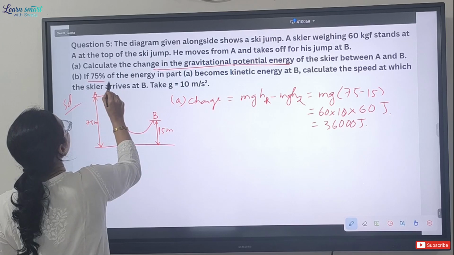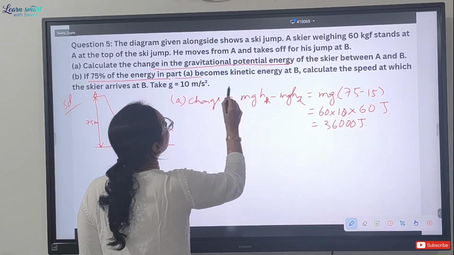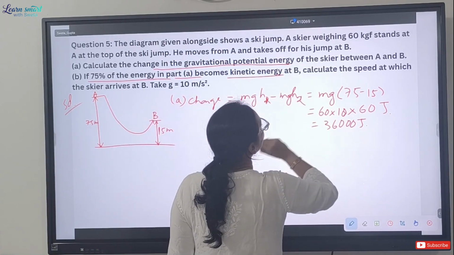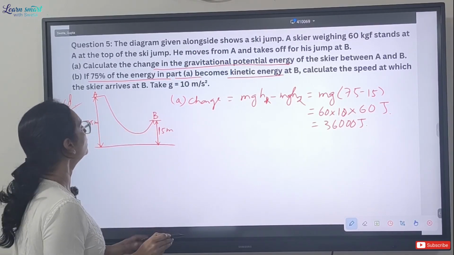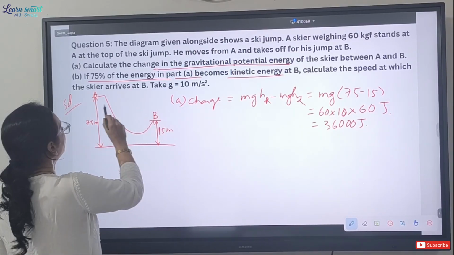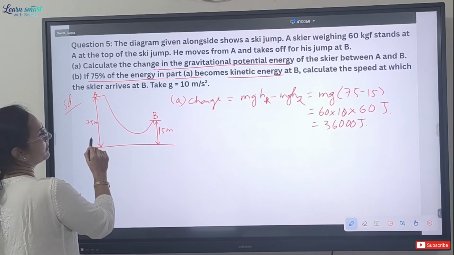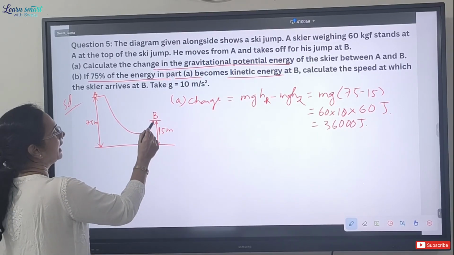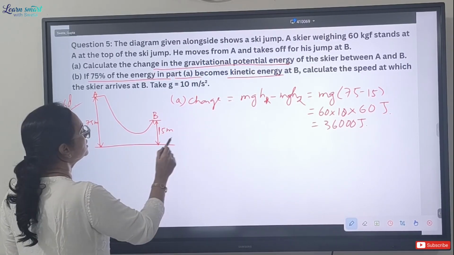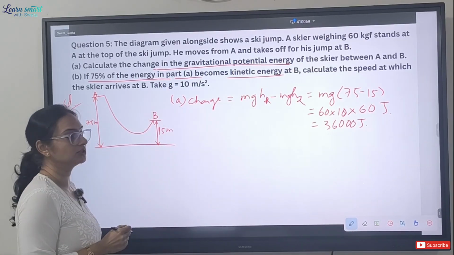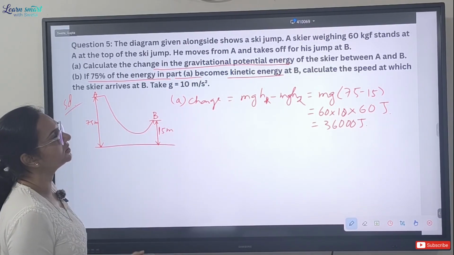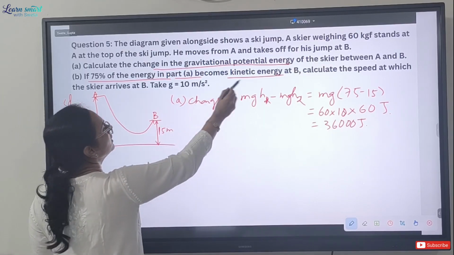Next is, if 75% of the energy in part A becomes kinetic energy at B, calculate the speed at which the skier arrives at B. So here the energy was mg, h was 75, so mg into 75, and here the energy is mg into 15, and the difference of energy we calculated is 36,000 joules. But all this energy is not converted to kinetic energy.